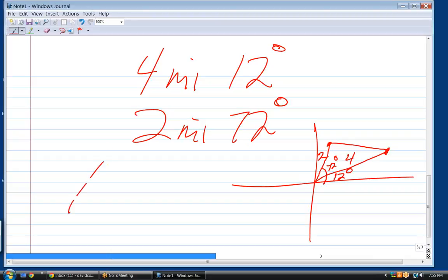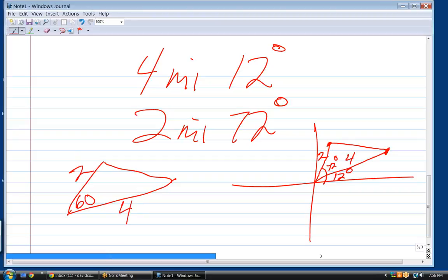Let's draw the triangle outside the grid here so we can see what we're looking at. What's this angle right here? Not sure. 60. The difference between 72 and 12. This side is still 2, and this side is still 4.